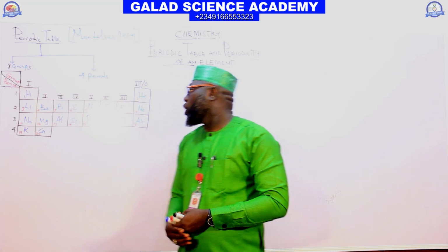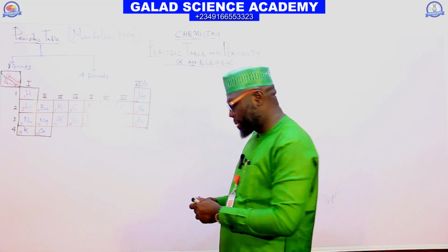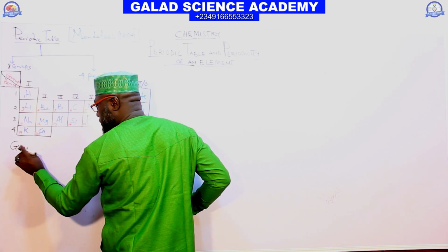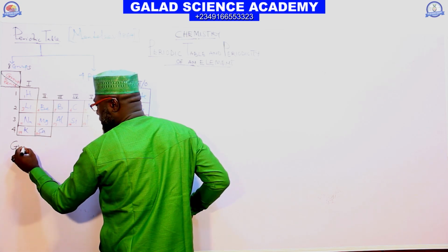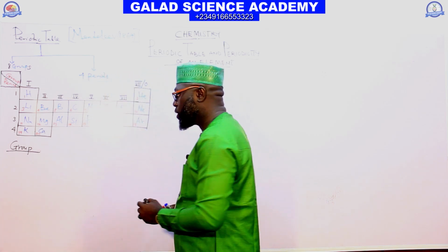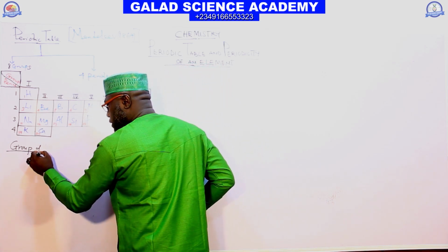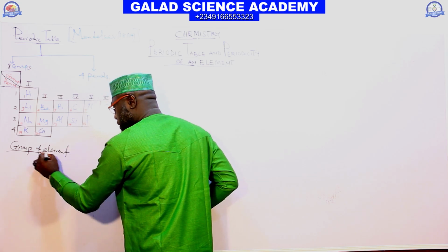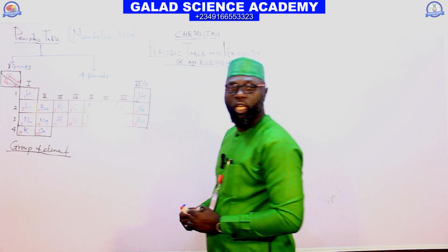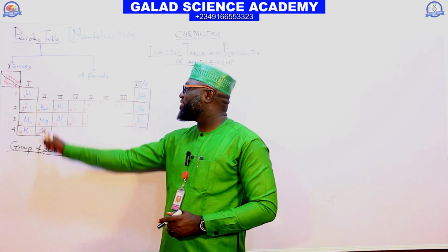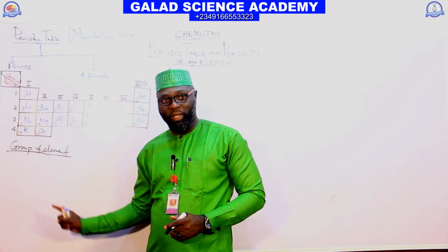So what is the group of an element in the periodic table? Let's look at the group of an element in the periodic table. The group of an element in the periodic table can be defined as the vertical arrangement of an element.